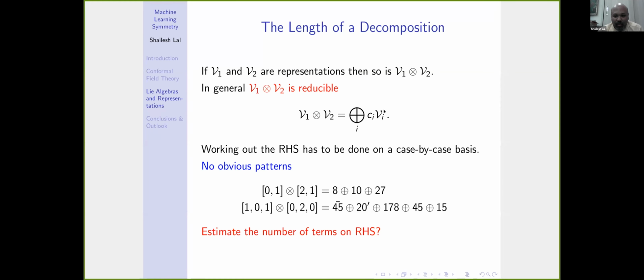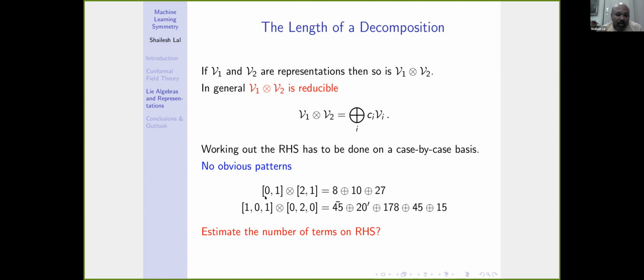Working this out has to be done on a case-by-case basis. In fact, there are software packages and giant books dedicated to being an encyclopedia of what the right-hand side should be, and there are no obvious patterns. Here are two examples of this tensor product, and at least to me they don't reflect any obvious patterns.